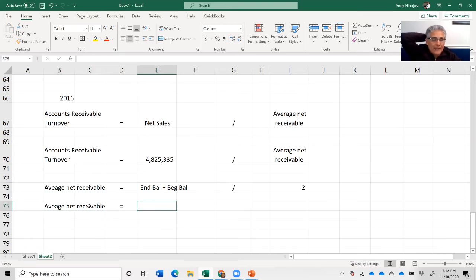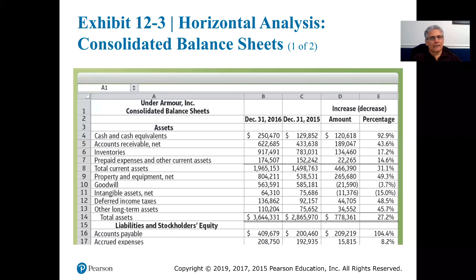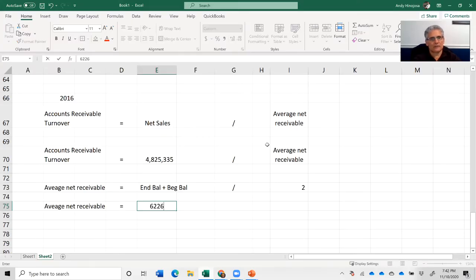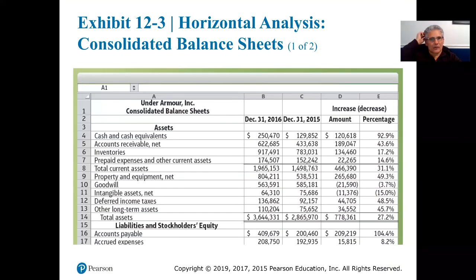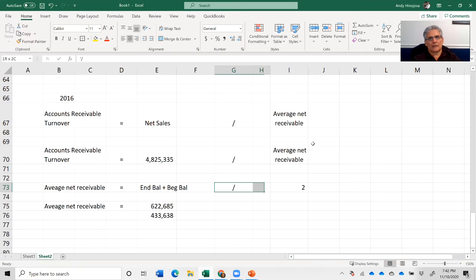To get our ending and beginning balance, we're going to flip over to slide 11. We're looking at accounts receivable, net. Our ending balance, 622,685. And our beginning balance is 433,638. That's the beginning balance because it was equal to the ending balance of the prior year, 433,638. Those numbers added together should then be divided by 2.